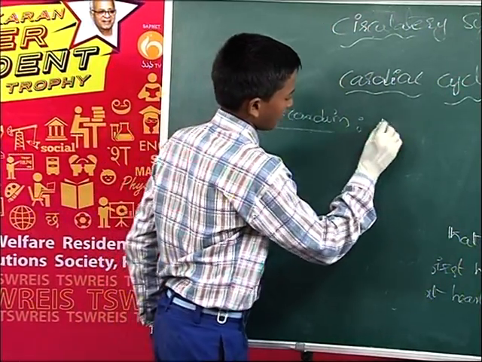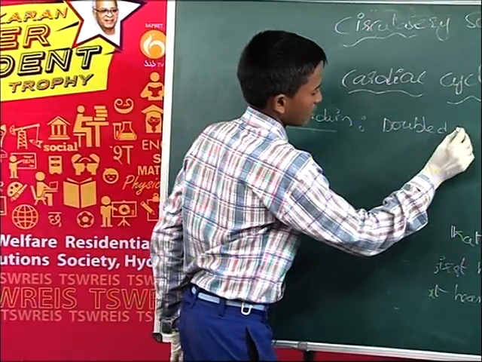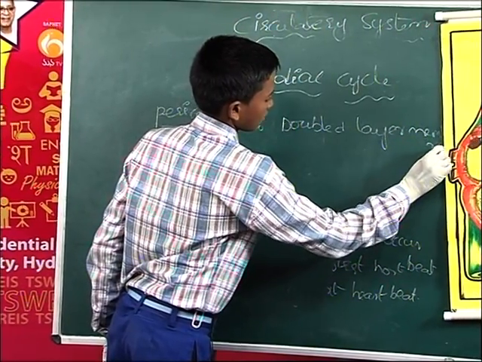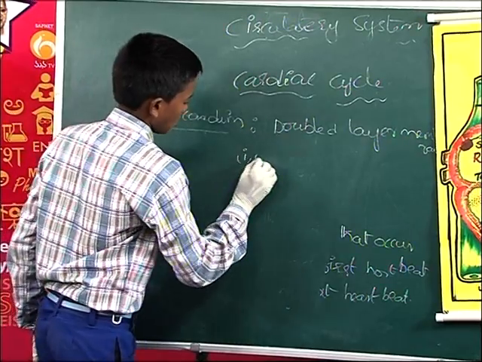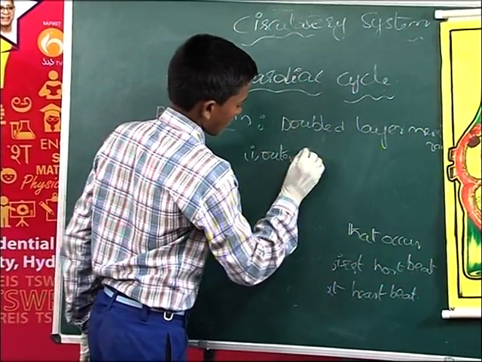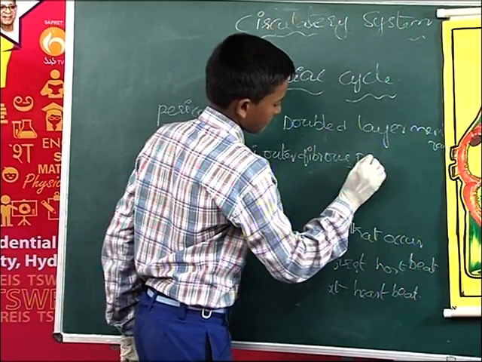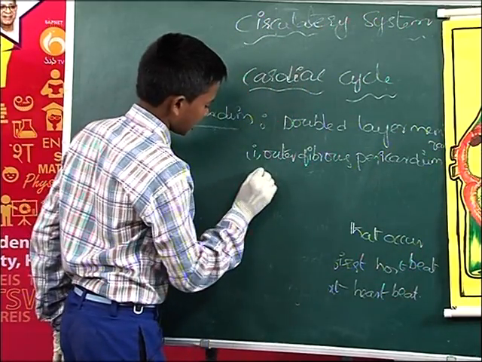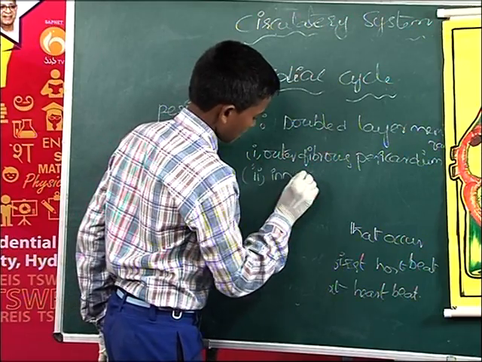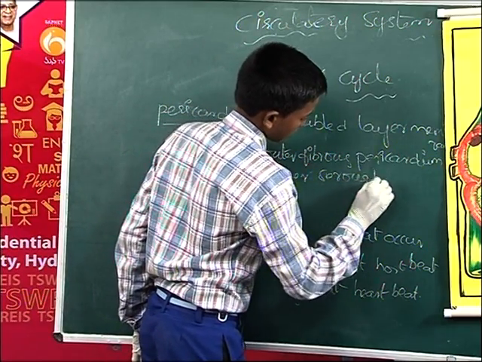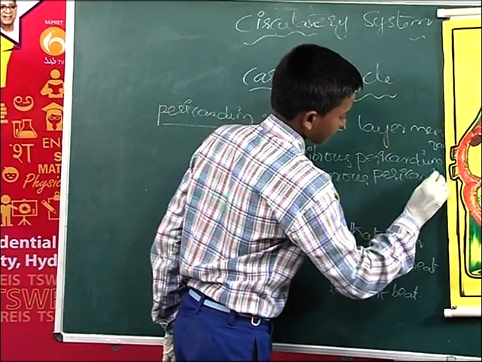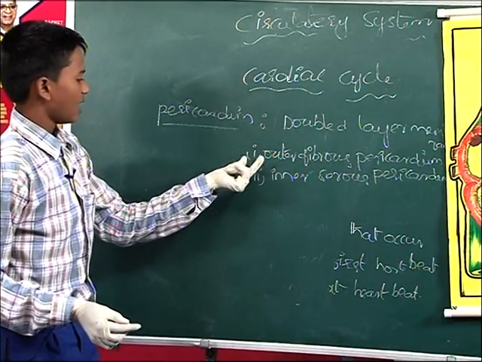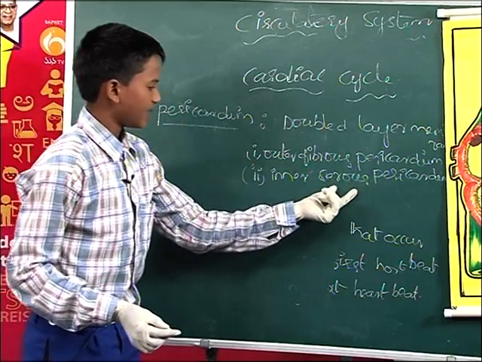This is the double-layered membrane. The first one is the outer fibrous pericardium, the second one is the inner serous pericardium.